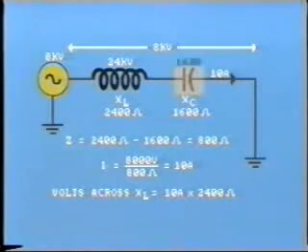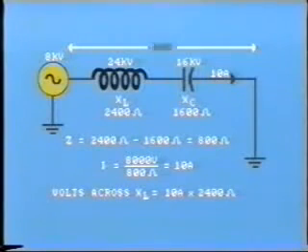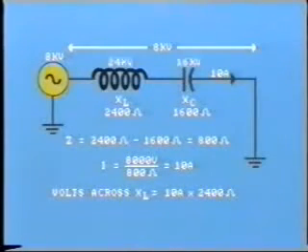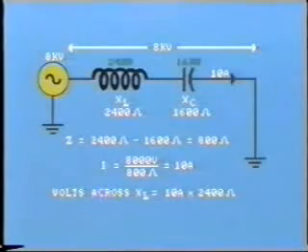Similarly, we have minus 16,000 volts across the capacitance. So although only 8 kV is applied across the total circuit, we have very high voltages in individual parts of the circuit. And this is precisely what happens when we have ferroresonance in the power system.